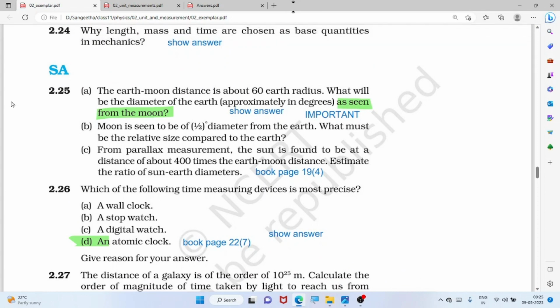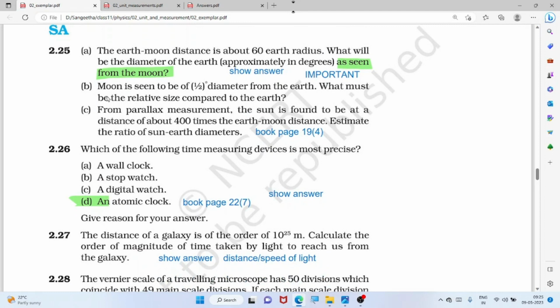The Earth-Moon distance is about so many Earth radii. What will be the diameter approximately in degrees as seen from the Moon? These things are clearly given in the answer.